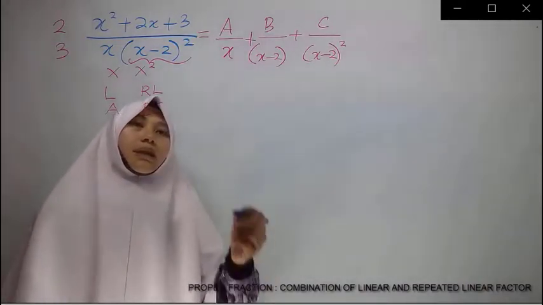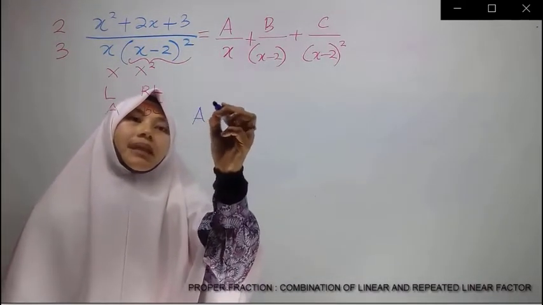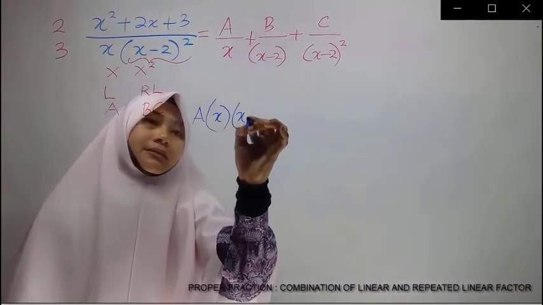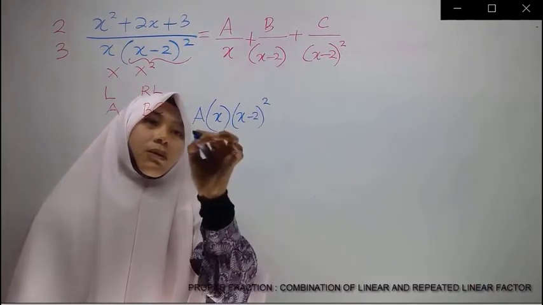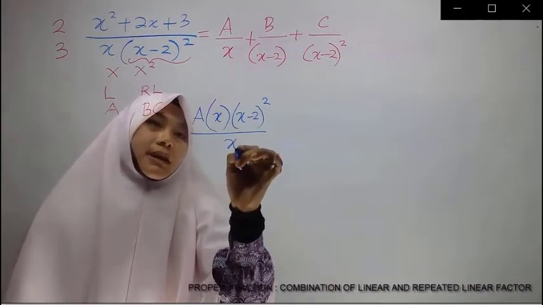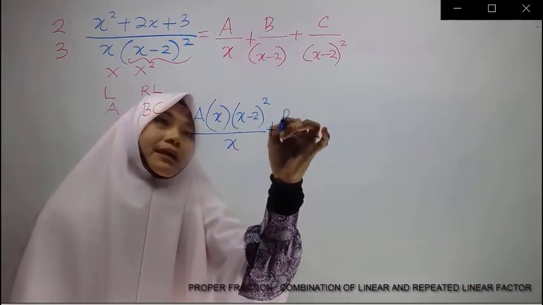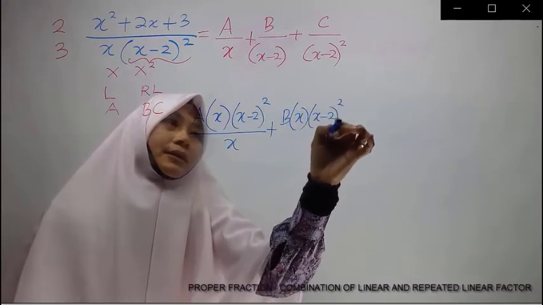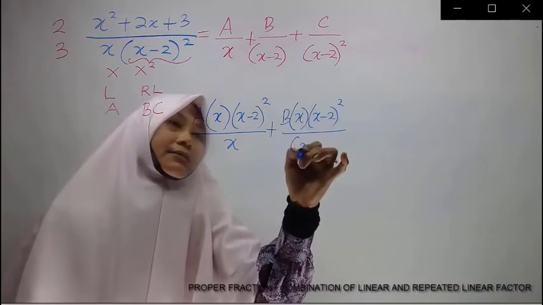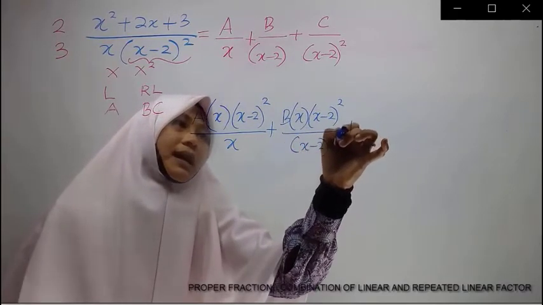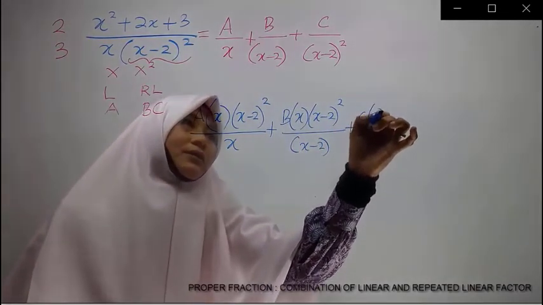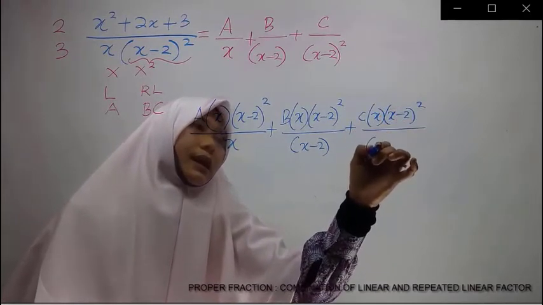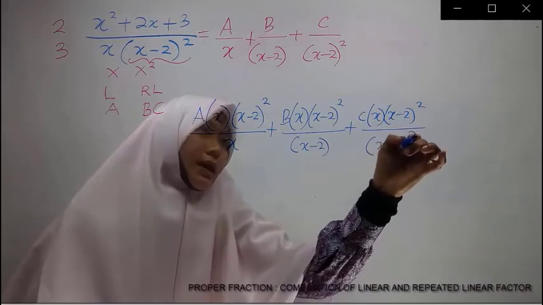We take A times all of the denominator over x, plus B times all of the denominator over x minus 2, plus C times all of the denominator over x minus 2 squared.